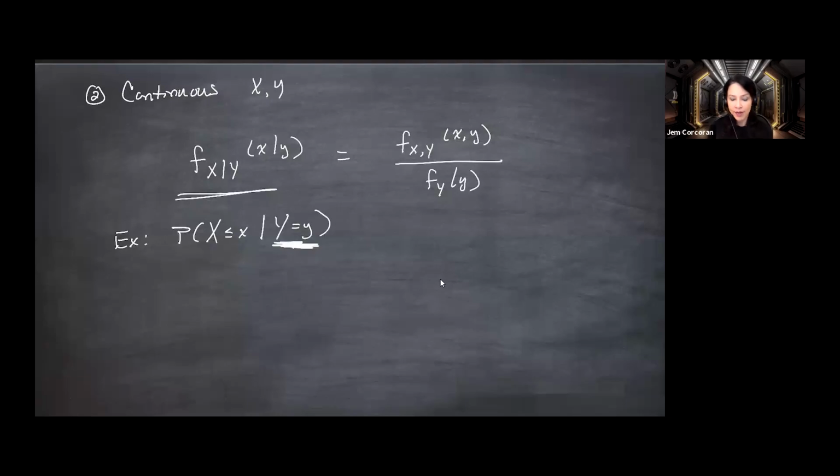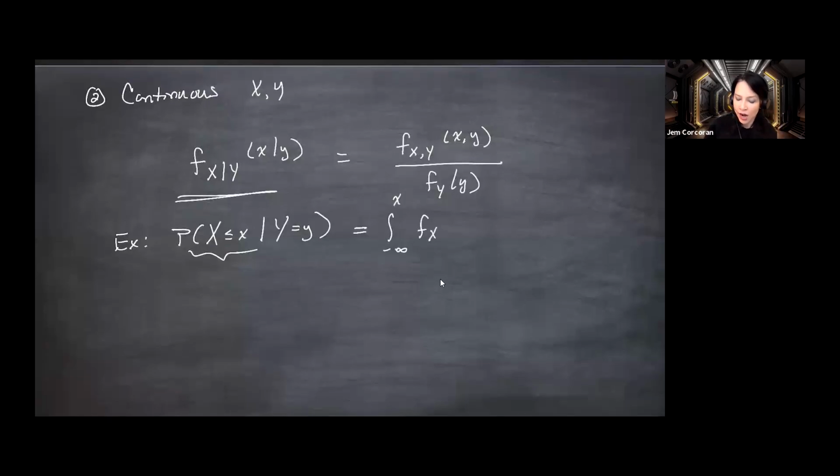And so it does make sense to have equals after the conditional line. If you wanted to compute this probability, this is a CDF. It's actually a conditional CDF here, but I don't care about that. We're not going to be using conditional CDFs, but you would integrate from minus infinity to x the PDF for x, conditioned on y being y, and you would run over all the x's.